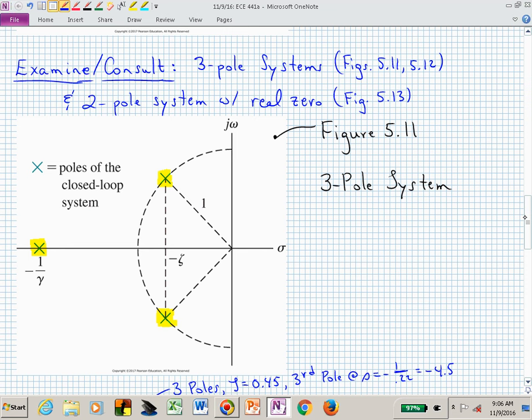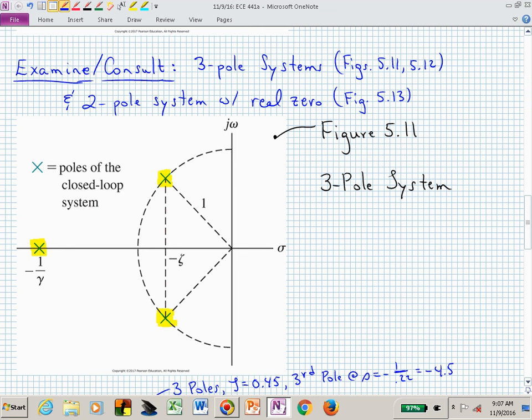It's a little bit difficult in this figure 5.11 to actually see the green poles that are on this line that has a distance from the origin of 1. So you could think of this as a normalized plot of two complex poles and a third pole that varies as you adjust gamma.